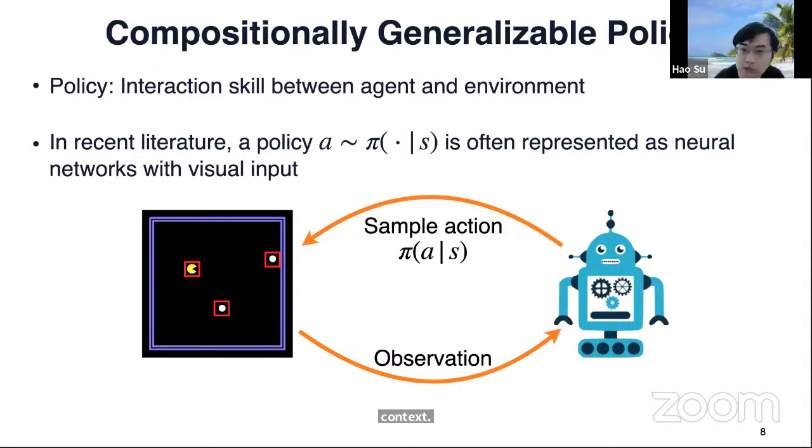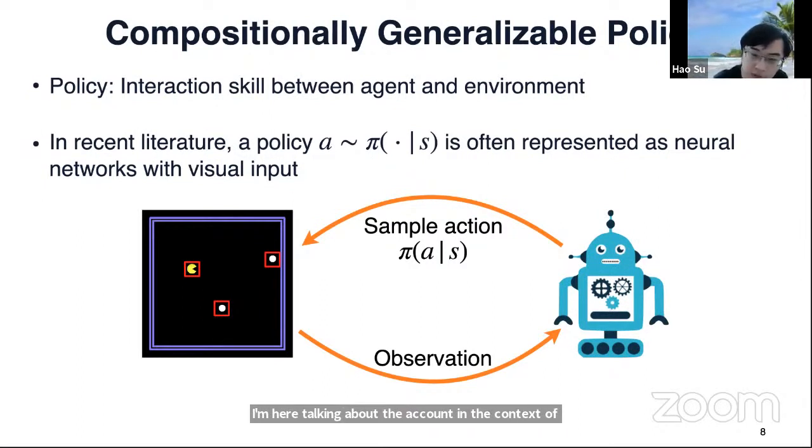I'm here talking about this in the context of policy learning. For us working in computer vision, you may not be quite familiar with policy learning, but basically you can think of it as an interaction between the agent and the environment.